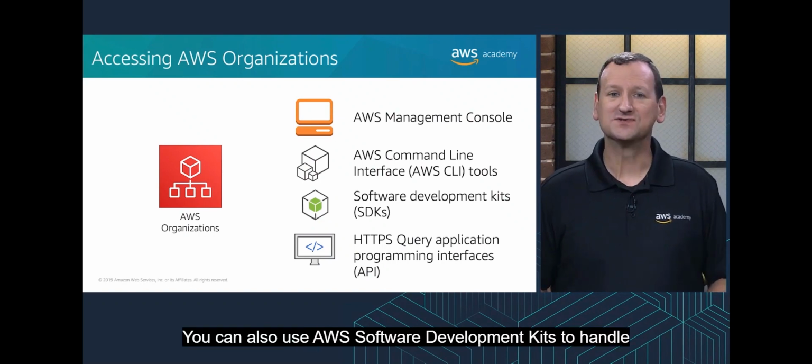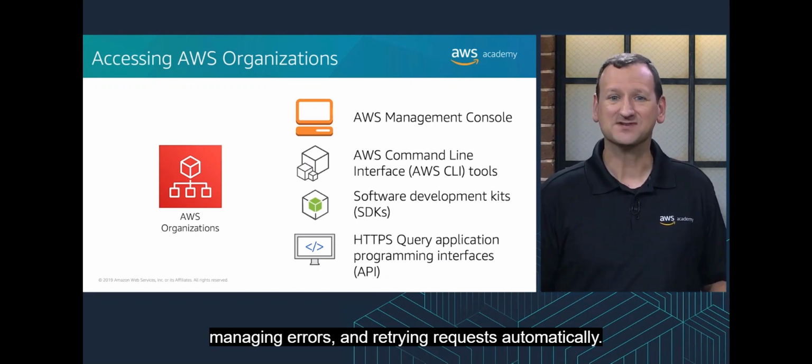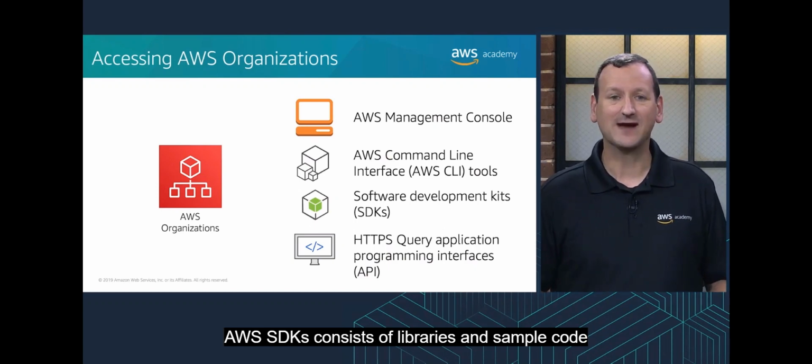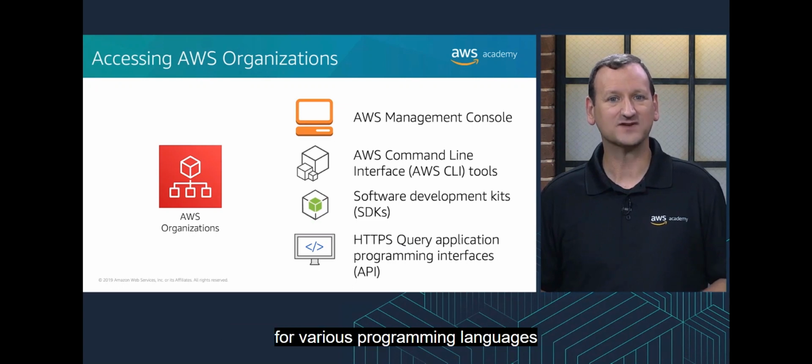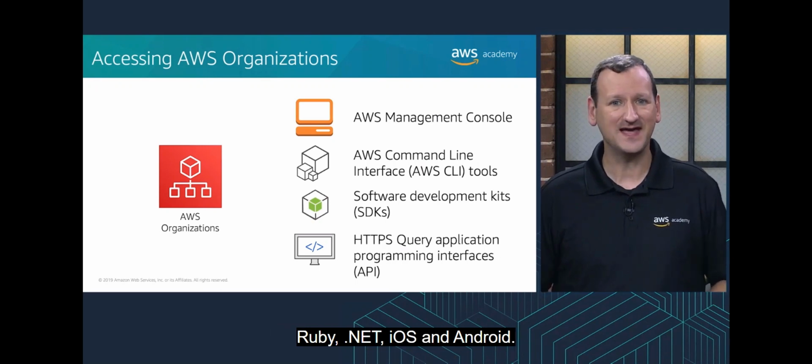You can also use AWS software development kits to handle tasks such as cryptographically signing requests, managing errors, and retrying requests automatically. AWS SDKs consist of libraries and sample code for various programming languages and platforms, such as Java, Python, Ruby, .NET, iOS, and Android.